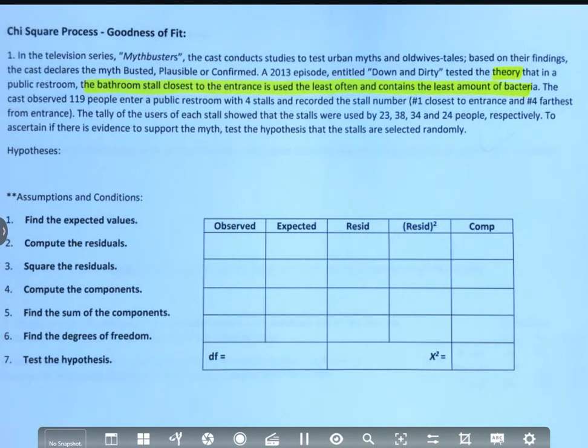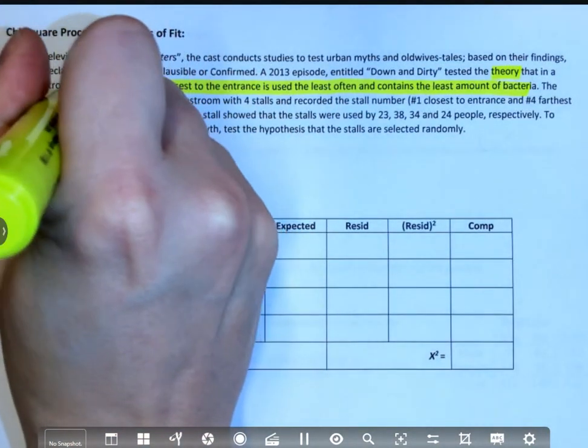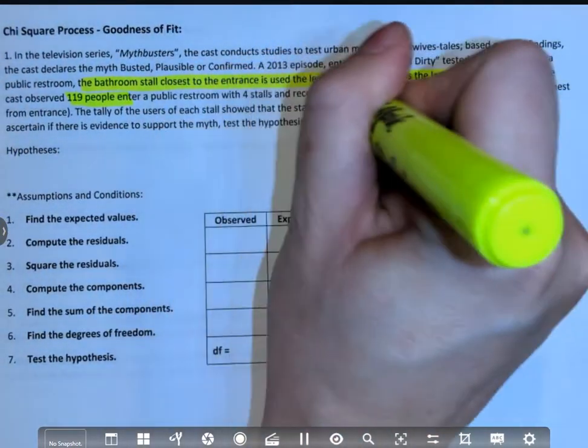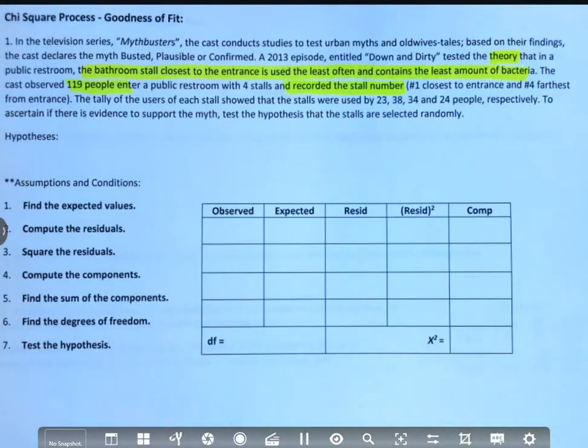The stall is the dirtiest. Am I measuring which stall is the dirtiest? Am I measuring bacteria counts? What is my data? How many people use it? So people are going to be recording the stall number that they used.